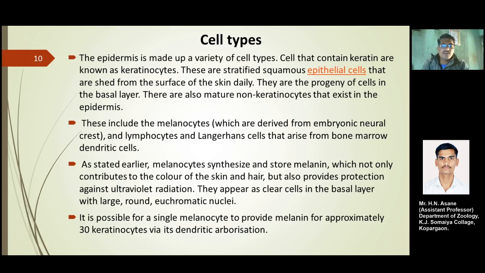They appear as clear cells in the basal layer with large, round, achromatic nuclei. A single melanocyte can transfer melanin to approximately 30 keratinocytes via dendritic arborizations.